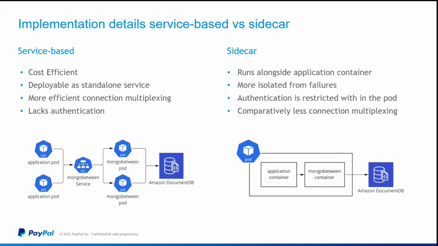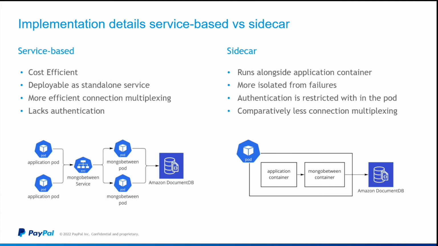So some of the advantages are, number one, it's cost effective. Reason being, we run a set amount of Mongobetween pods for supporting all different applications on our platform. The second one is management of these service is simple.